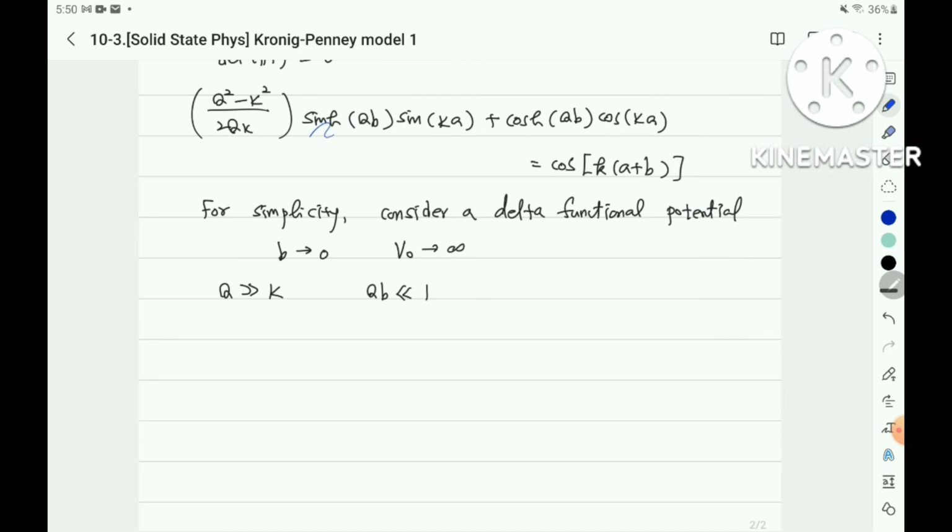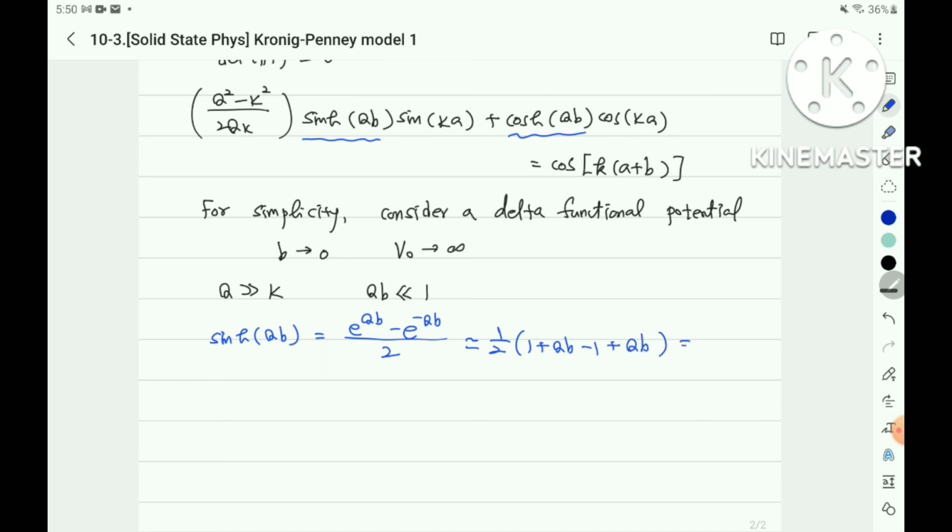Here, the hyperbolic sine of Qb is exponential Qb minus exponential minus Qb. Because Qb is very small, it is close to 1 plus Qb minus 1 plus Qb.